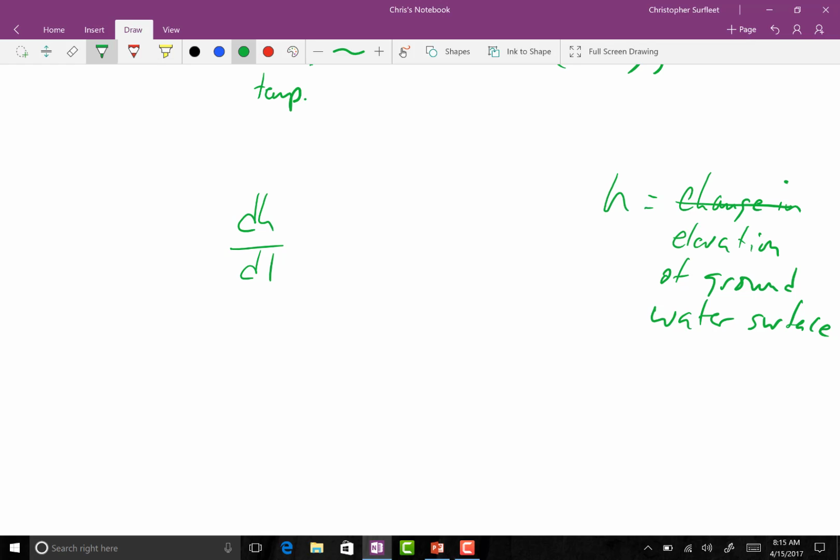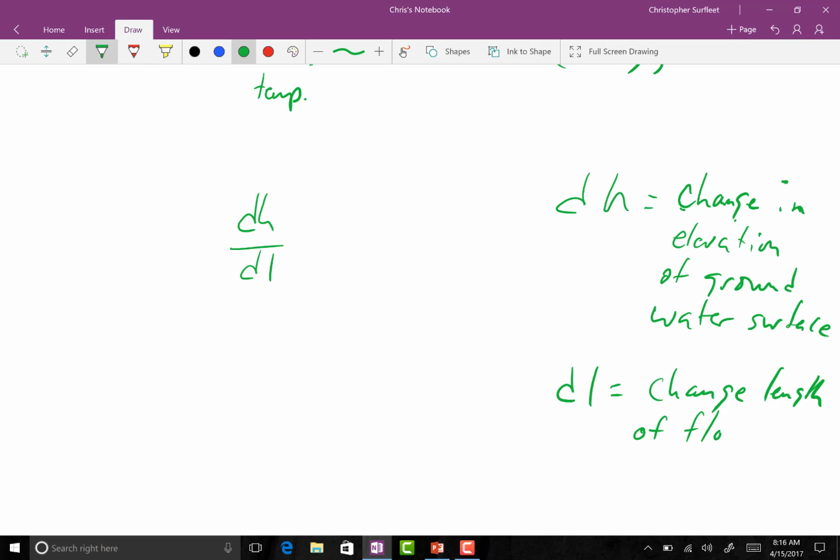H is the elevation of the groundwater surface. dH would then be the change. We show it as a differential equation, but in our particular case, we're going to look at it as a linear type of relationship. And dL is the change in length. So this is the length of, say, your aquifer, the change of length of the flow media.